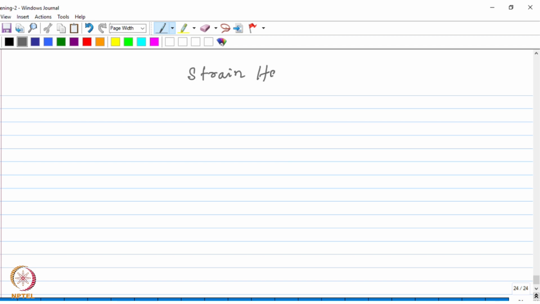So this is with regard to strain hardening of aluminum alloys, and we are going to look at the corresponding alloy designations or tempers.